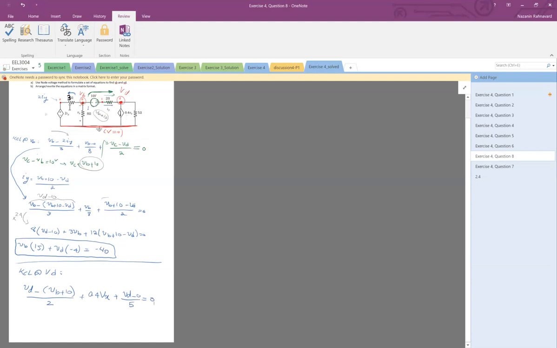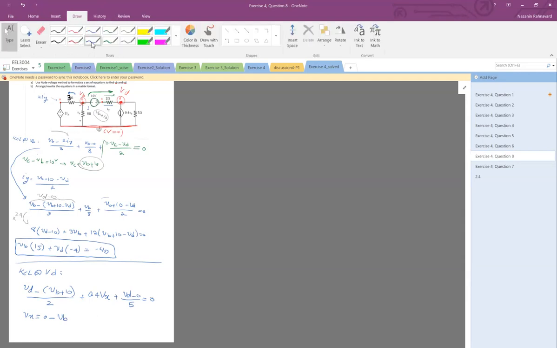Again, what is VX? Looking at the direction, VX is 0 minus VB. So instead of VX here, I just replace it by minus VB. And you have an equation again for VB and VD.